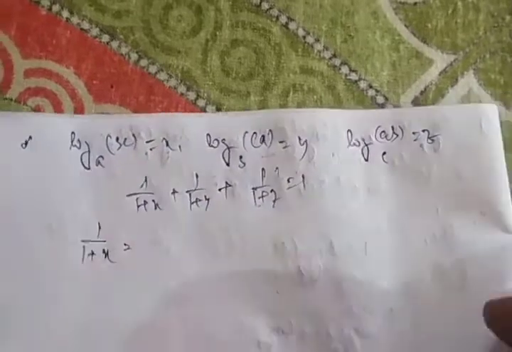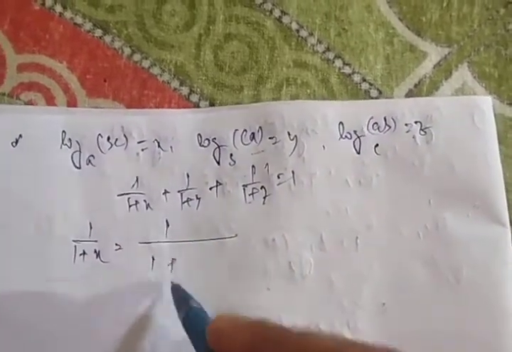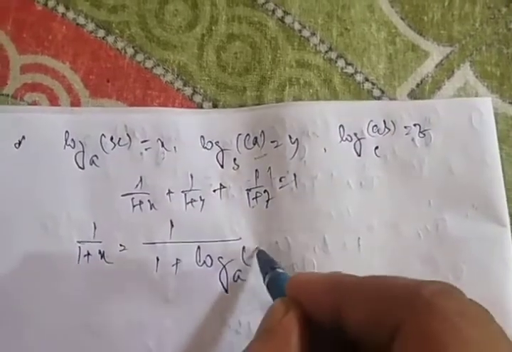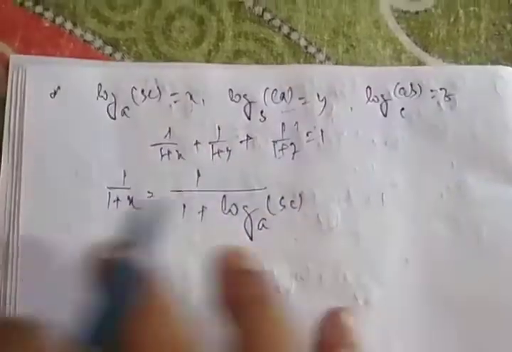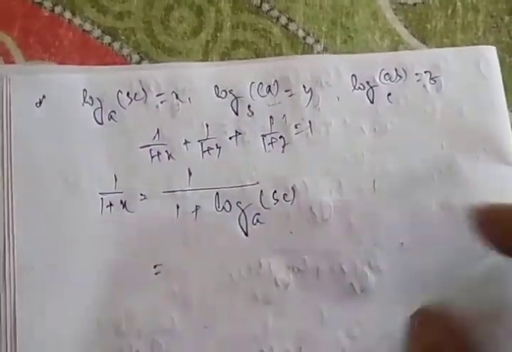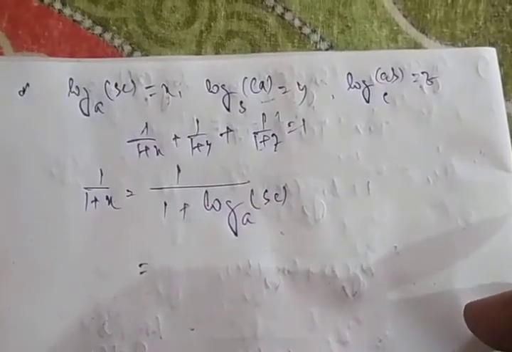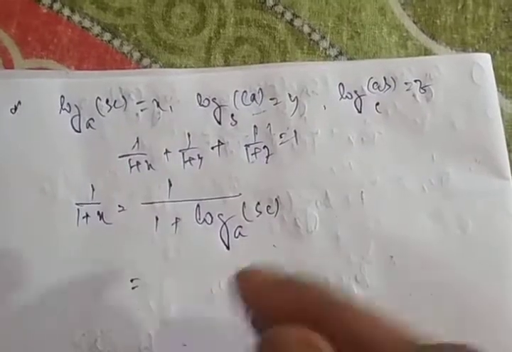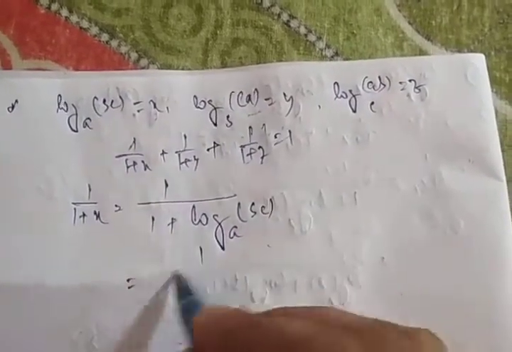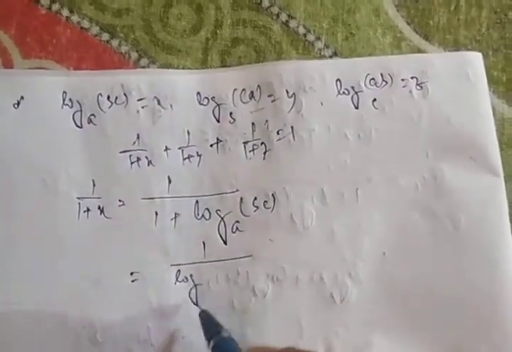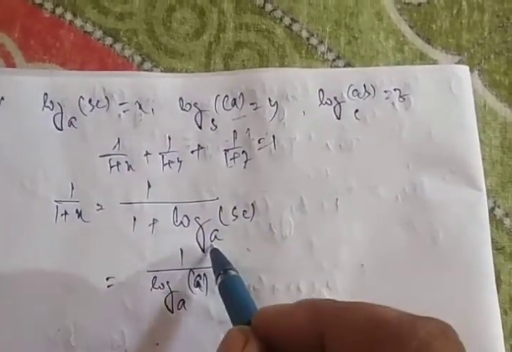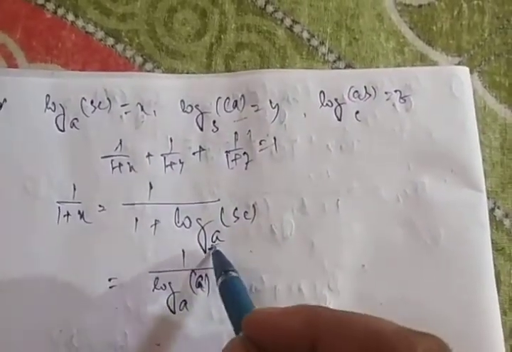This is 1 by 1 plus x, where x is given as log of bc with respect to base a. Now, to calculate easily, we take 1 as log of a with respect to base a, as the base in this term is a.